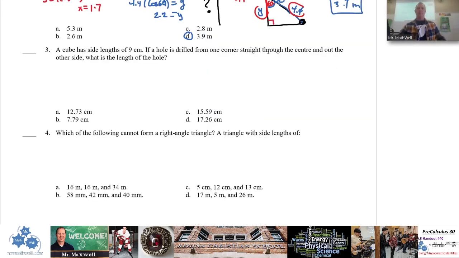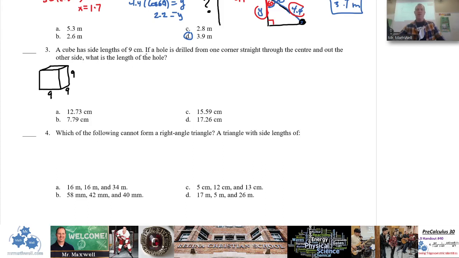Okay, if we take a look at number 3, it says we have a cube. So remember, a cube is a three-dimensional figure where all the sides are the same length. So lengths of 9. So we've got 9 here, 9 here, and 9 here. That's a cube. A hole is drilled from one corner straight through the center and out the other side.